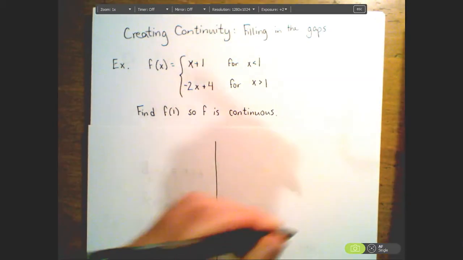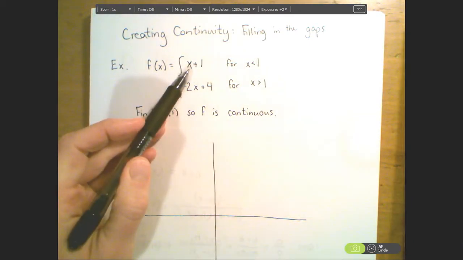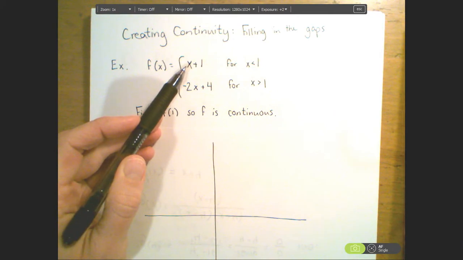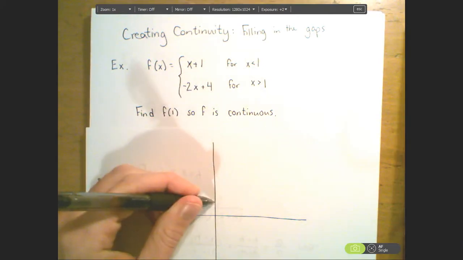Notice that the first piece of our piecewise function is a linear function. It has a slope of 1 and a y-intercept of 1.